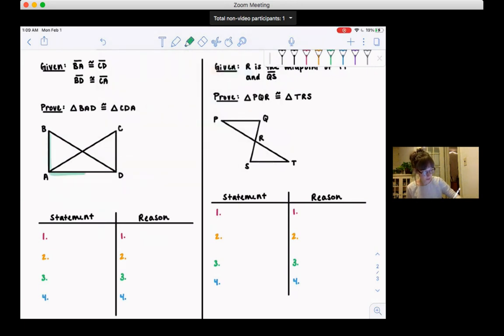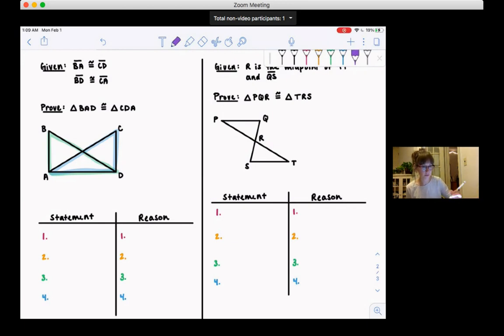BAD, so triangle B to A to D, that's that triangle right there. And then triangle CDA, so C to D to A. So we're looking at those 2 bigger overlapping triangles. And since they're overlapping, sometimes it can be hard to see what's going on or hard to mark the figures.